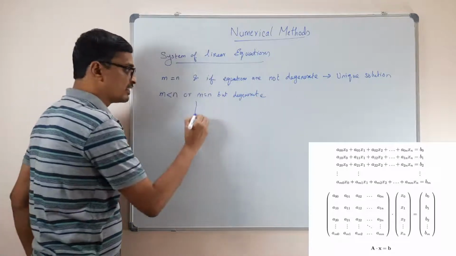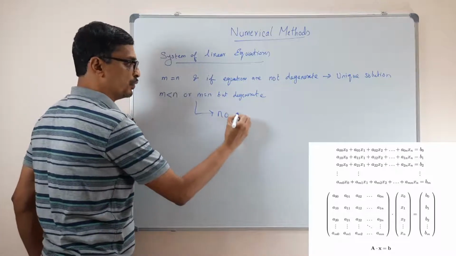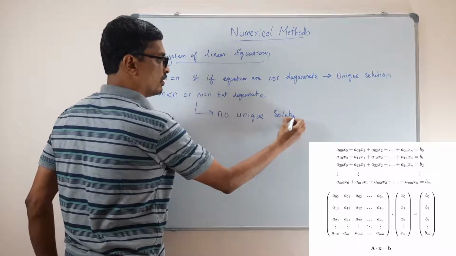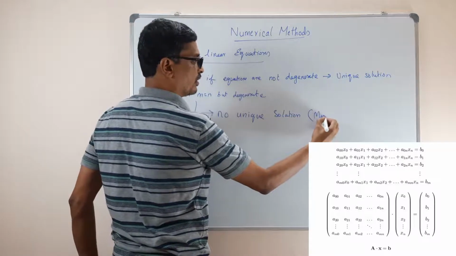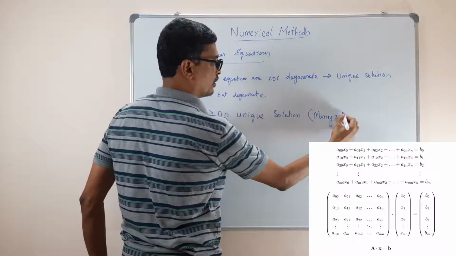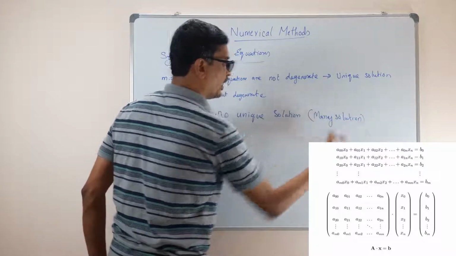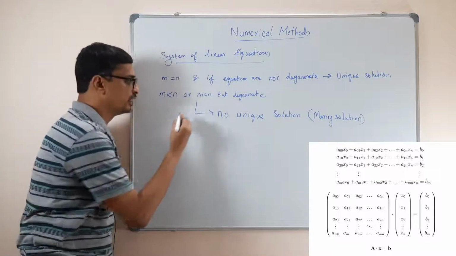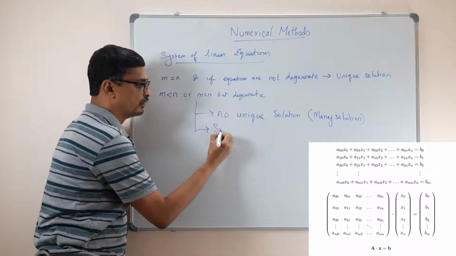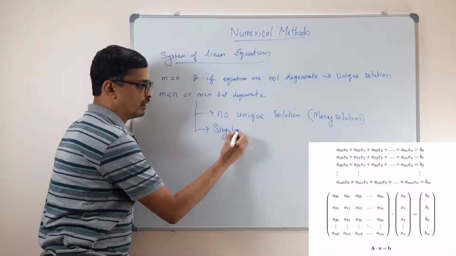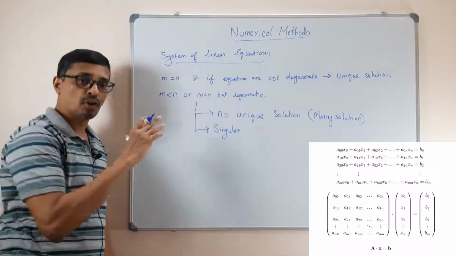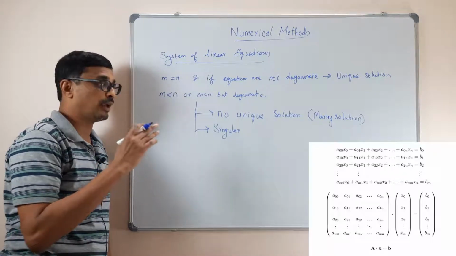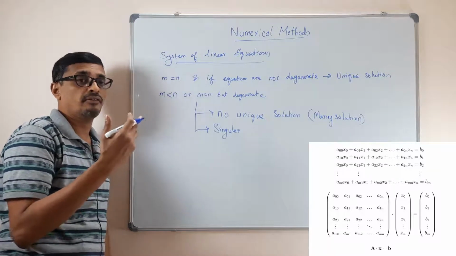In this case, you have no unique solution, or many solutions. In this case, the matrix will become singular. This problem is not very straightforward to solve. Even though it has many solutions, we may need a very favorable solution.